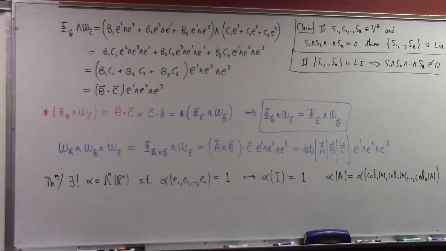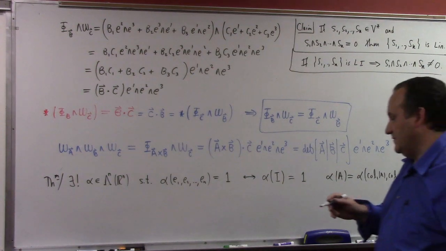But the completely anti-symmetrized type (n,0) tensor on R^n, which sends the identity matrix to 1, is the determinant. That's not quite accurate. It's what?